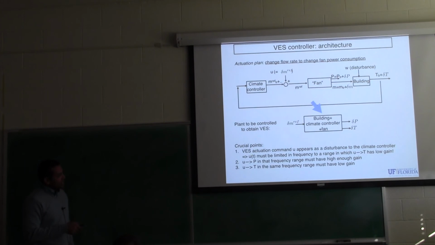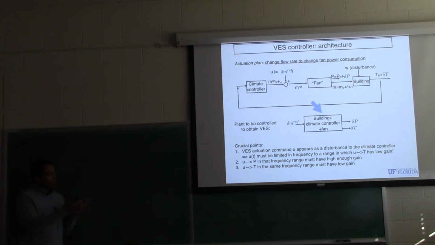And this immediately tells you that this actuation command U, which means this change in the reference for the airflow, looks like a disturbance to the climate controller. You have to make sure that the time scale or the frequency of this is limited to a range in which the gain of this transfer function, airflow to temperature, is very small.